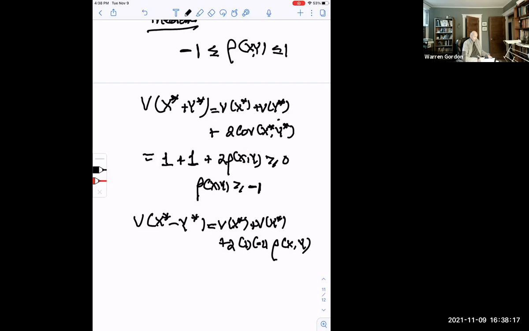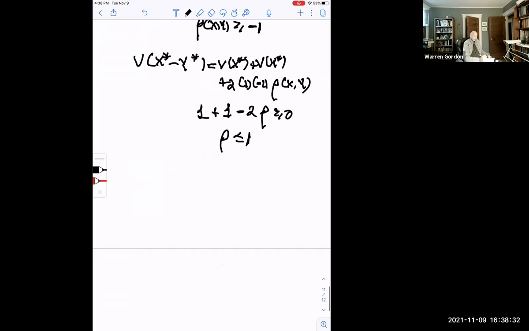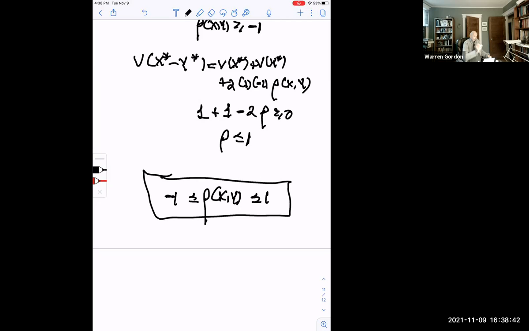So this gives me 1 plus 1 minus 2 rho, and I know this is greater than or equal to 0. And this tells me rho is less than or equal to 1. Putting this together, we see that the correlation coefficient will always be a number between -1 and 1.